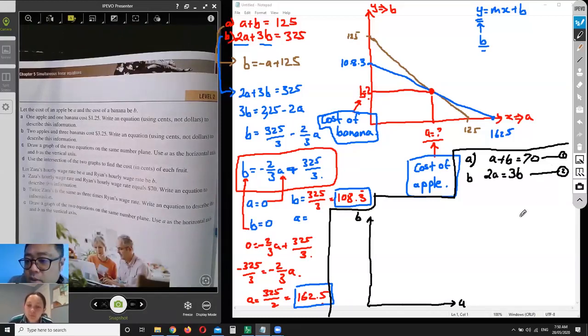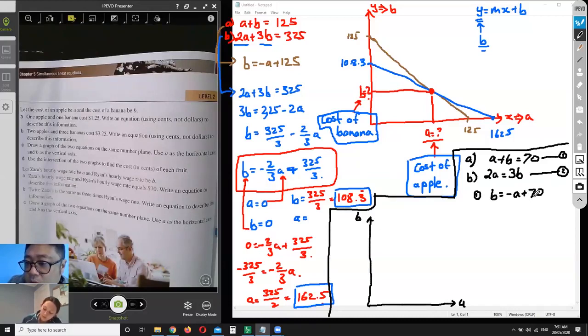So for number 1, A plus B equals 70. We want to make it B. So B equals negative A plus 70. Beautiful.